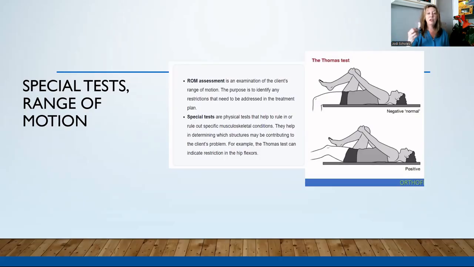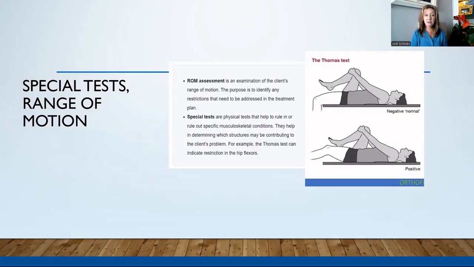So both legs, the hamstrings are touching the table. Now, the test, the Thomas test. Think of it as an English muffin, Thomas's English muffins. The Thomas test. Go ahead, the client pulls one knee towards their chest.